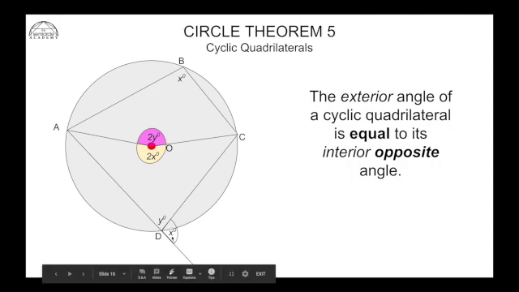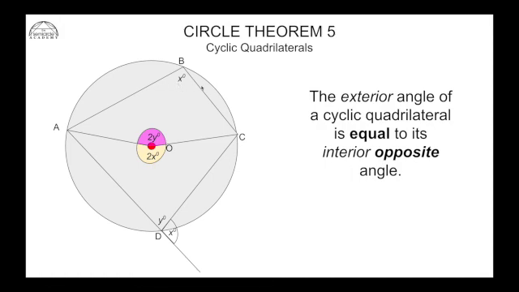That is, this angle X here, which is exterior, outside of the quadrilateral, is the same as the opposite interior angle. The exterior angle of a cyclic quadrilateral is equal to its interior opposite angle.